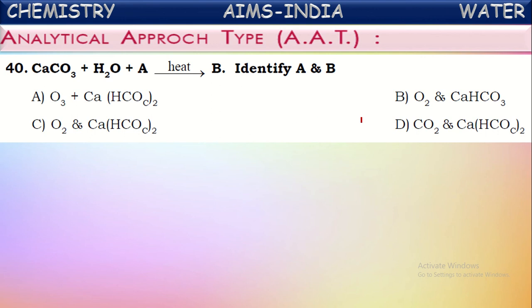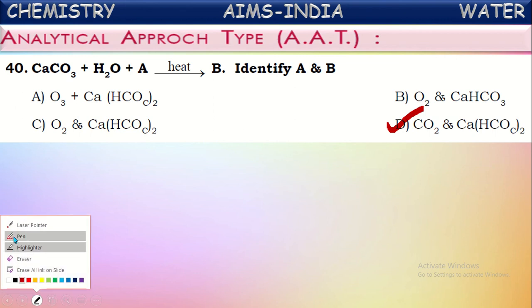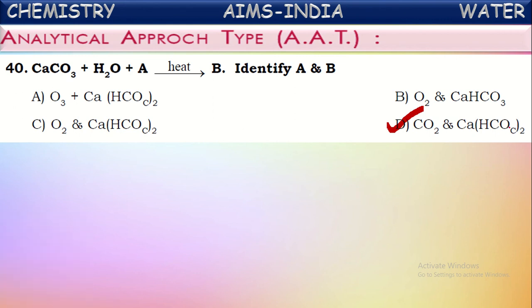So here is the correct answer. Calcium carbonate on reaction with carbon dioxide in the presence of water gives calcium bicarbonate, Ca(HCO3)2. Actually, it should be HCO3 taken twice.